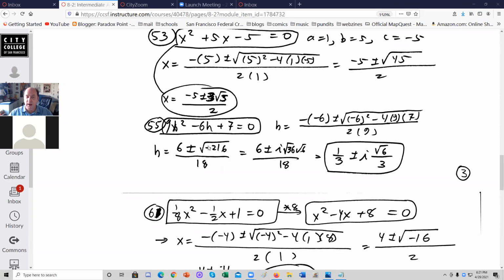Now, all right, a negative in the root means it's an i. 216 is 36 times 6. Root 36 is 6. So you get 6 plus or minus i times 6 root 6 over 18. After canceling a bunch of factors of 6, you get 1/3 plus or minus i times root 6 divided by 3. So this is both imaginary and irrational.